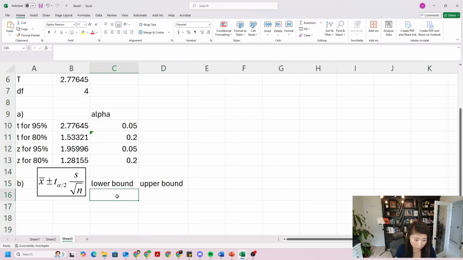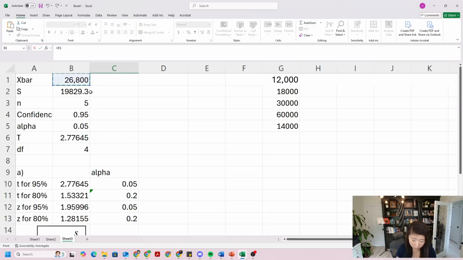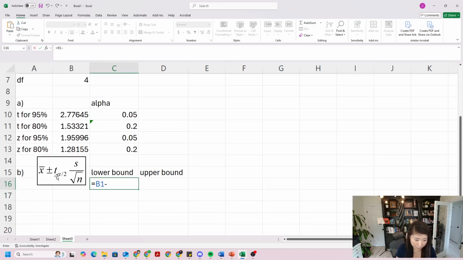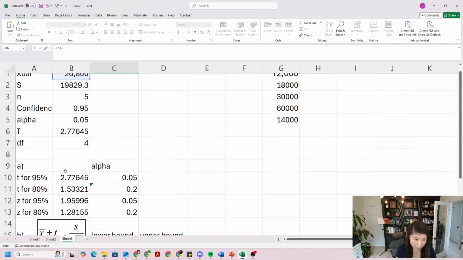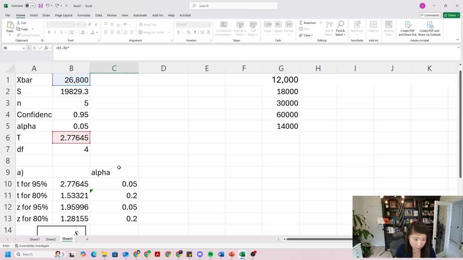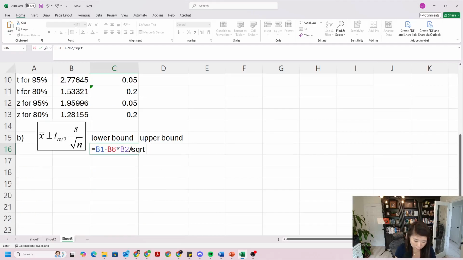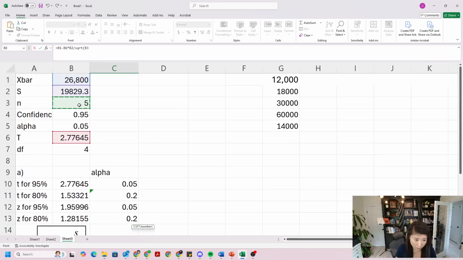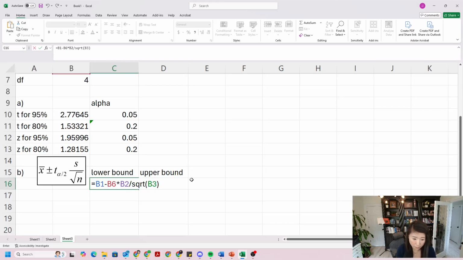Okay, so for my lower bound, based on the formula, I'm going to select my x bar, and then we're using the minus sign, right? And then find the t-statistic we just calculated, and then times the sample standard deviation, divided by SQRT, open parentheses, square root of sample size n, we have 5, right? And close the parentheses. So this will give us the lower bound for this example.